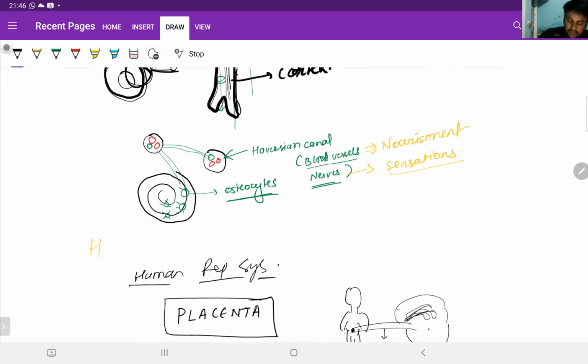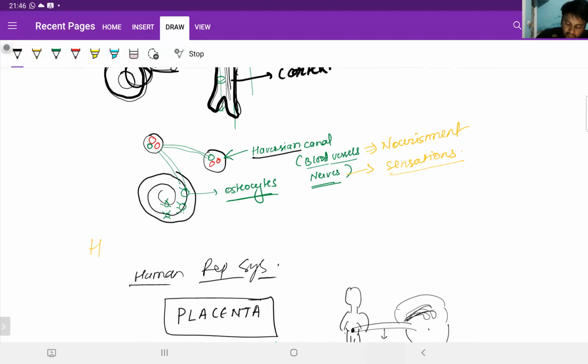So this is the diagram showing the Haversian canal. What are these Haversian canals? These are spiral networks in the matrix. These osteocytes are proliferating, right? But for these osteocytes to grow, there is requirement of blood.